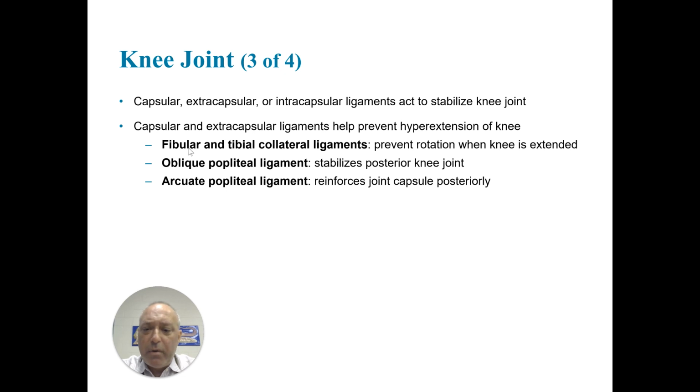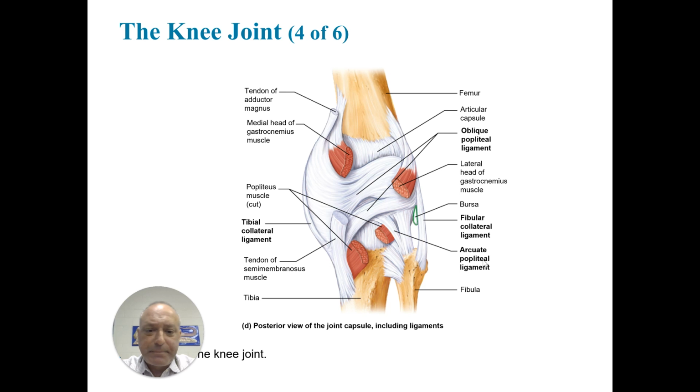These are lesser known, kind of lesser torn ligaments. So here we've got a picture of these, the tibial collateral, arcuate popliteal, as well as fibular collateral and oblique popliteal. So quite a few ligaments that restrict the motion of this knee joint.